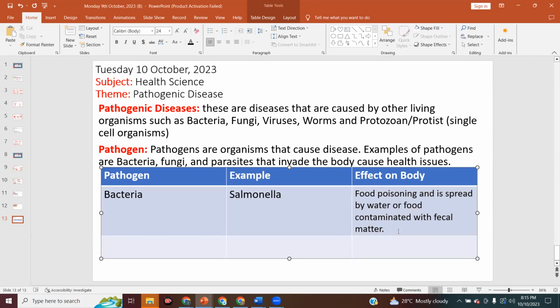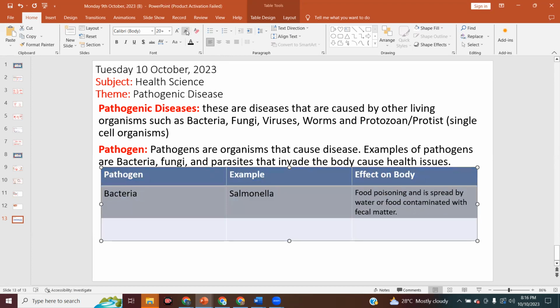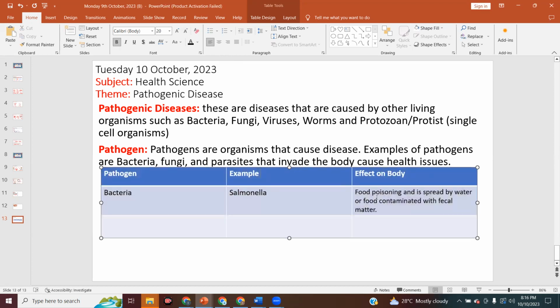Or even persons who eat vegetables and don't wash them properly, and comes to find out an animal had fecal matter on your lettuce or tomatoes, and you go ahead and eat it. What ends up happening? You end up getting food poisoning.